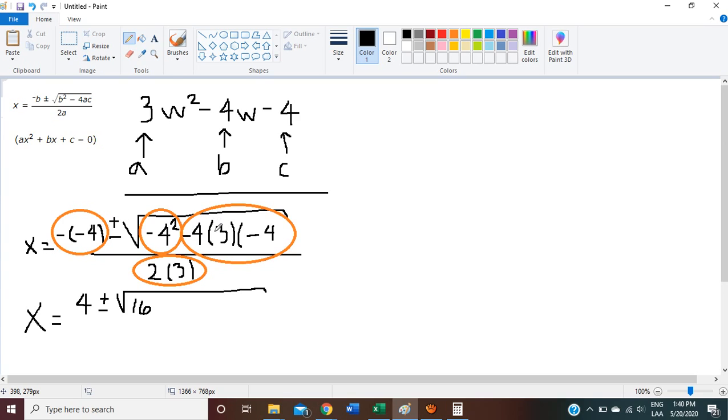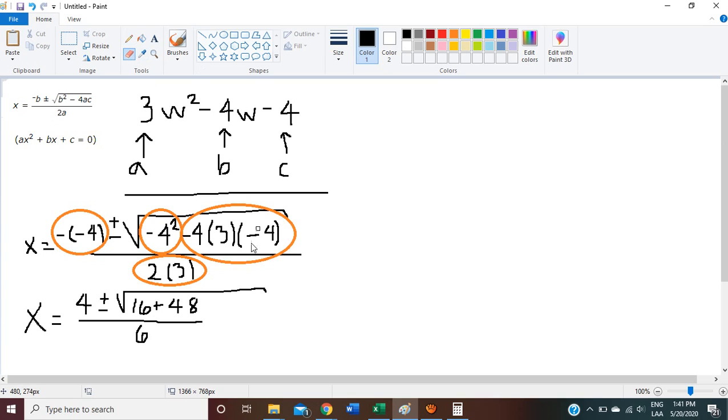Negative times positive equals negative, times negative equals positive. 4 times 3 equals 12. 12 times 4 equals 48. All of this is divided by 2 times 3 equals 6.